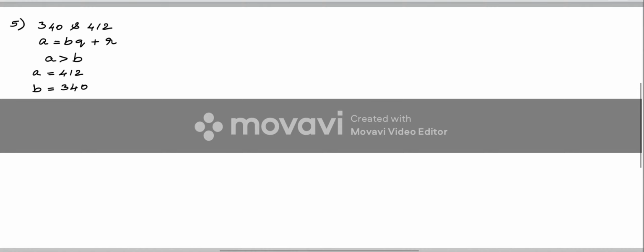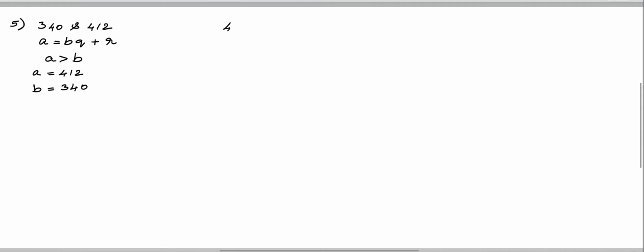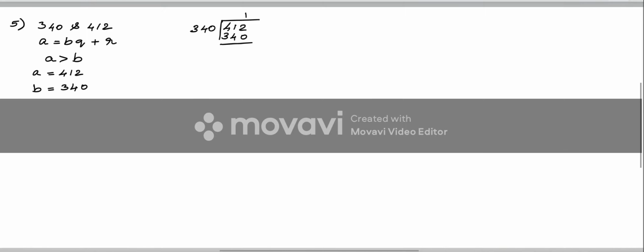Okay, da. We'll find out this. I'll tell you one shortcut method how to find the quotient and remainder. You take your dividend, that is 412, okay, and put a division, and your divisor is 340, isn't it? Now you divide this one time, you'll be getting 340. What will you get now while subtracting? It is 72. Am I right?